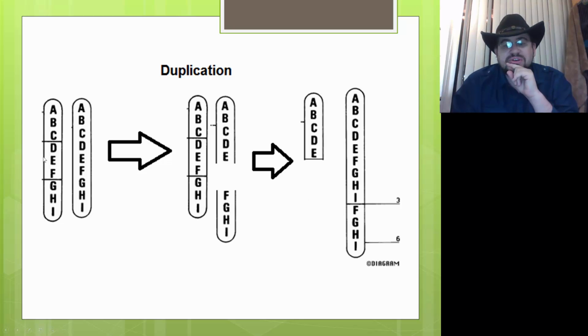Here we have a duplication. So these are identical sister chromatids, A, B, C, D, E, F, G, H, I, right? And the DEF gets cut out here and then manages to insert and bind to its sister chromatid.